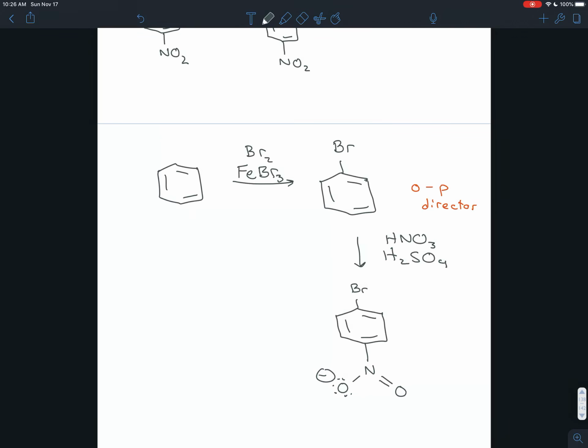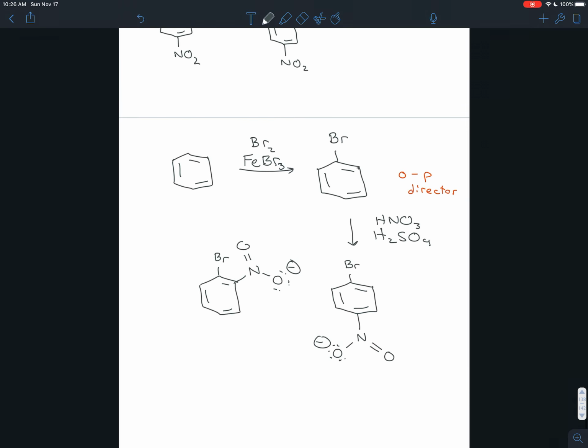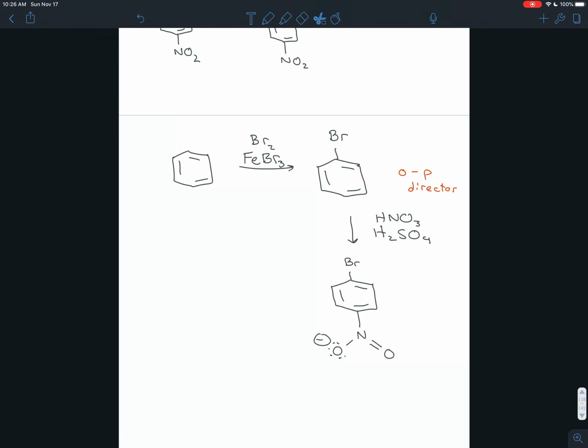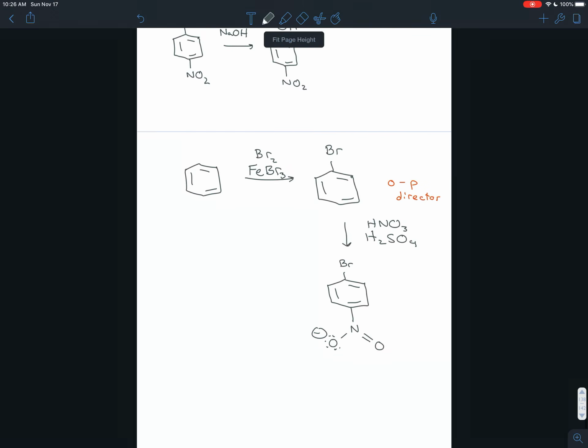And so steric hindrance will prevent most of the ortho product, which would look like this. It would prevent most of that from forming. You'll have a tiny bit, but okay. I drew that there, but really our focus is the story of this other carbon chain. And so we're going to work with this.